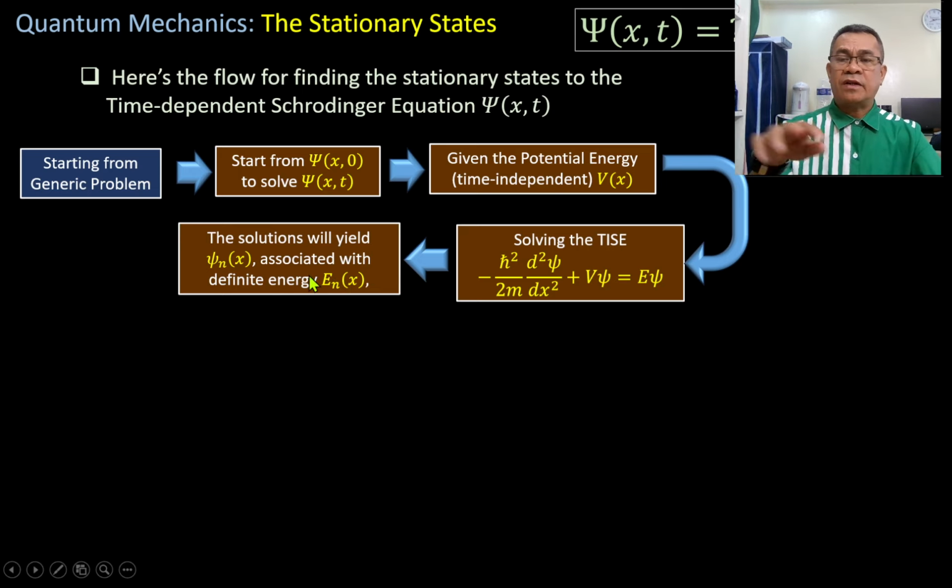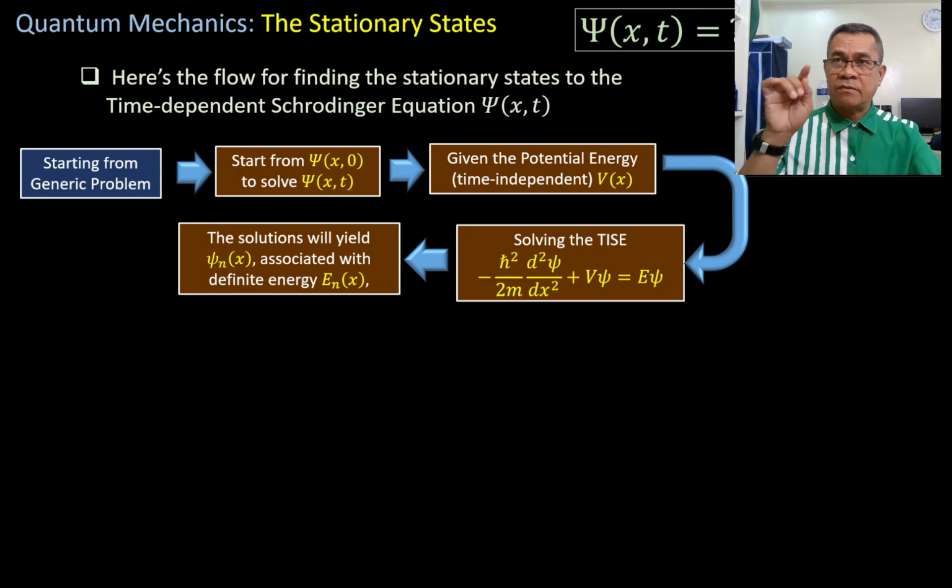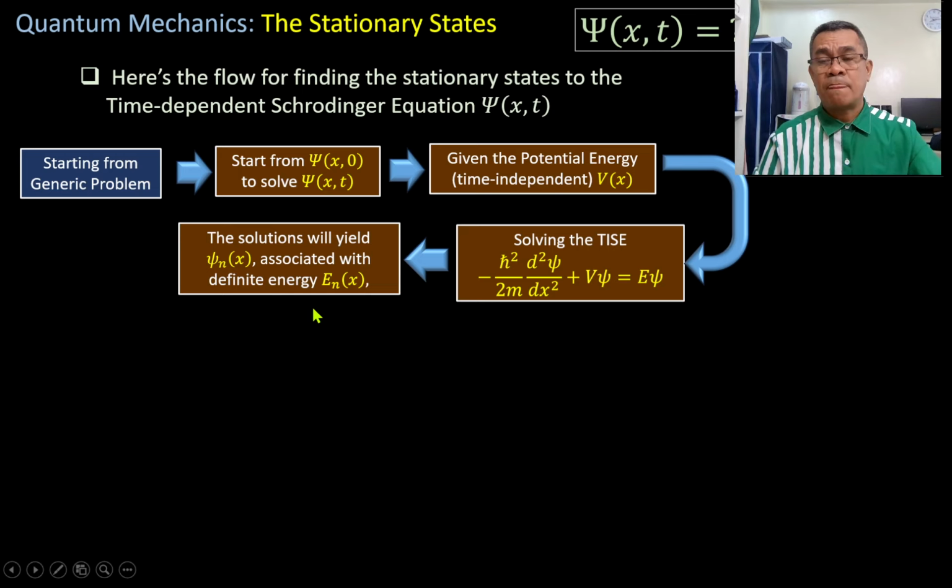So for every state, we have the associated energy, where n is the quantum number, so n will start from 1, 2, 3, going to infinity. Then we have the level of energy for each state.